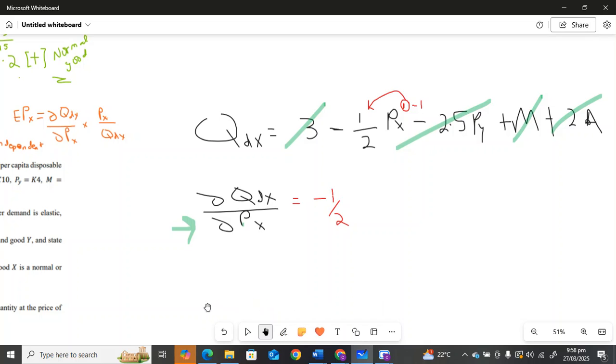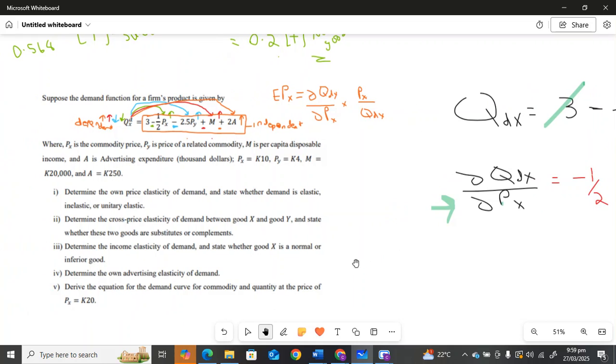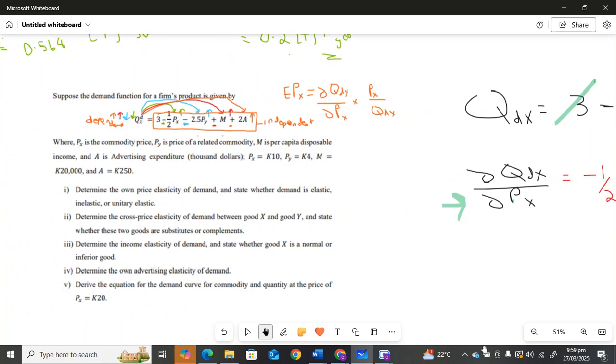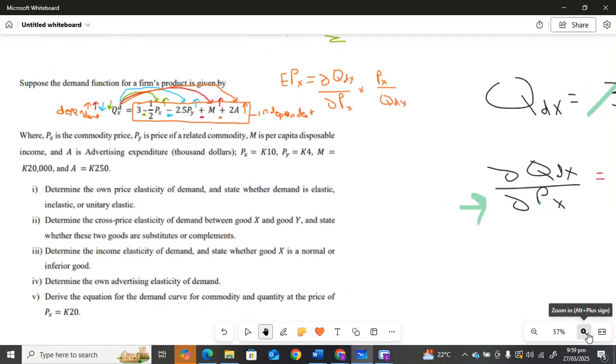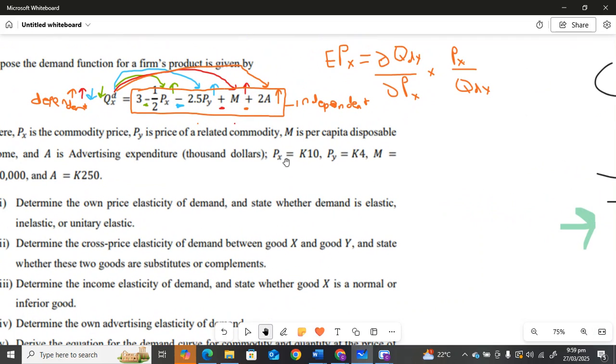So these values that you've been given here, as you can see, in these types of questions, they'll give you px equals 10, py equals 4, m equals 20,000, a equals 250. The reason why they're giving them to you is so that you substitute in this demand equation.